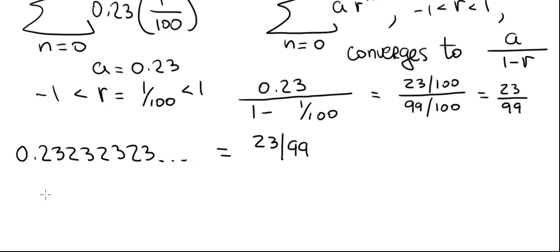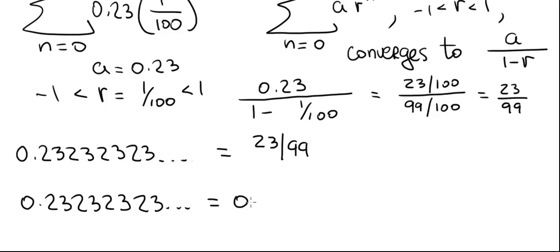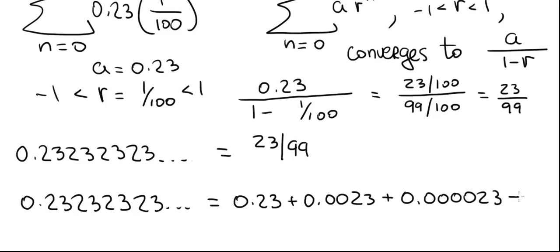Now we can also solve this problem without using sigma notation, because the geometric series we start with is the repeating decimal, and we can write it as 0.23 plus 0.0023 plus 0.000023, and so on.